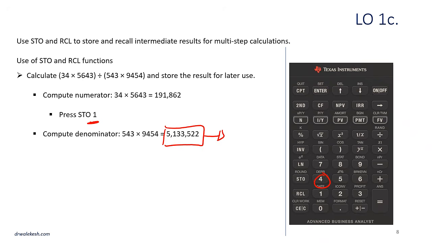Please do not store this on 1, since we have stored the whole of this on 1, so we can store this on 2. So we would press STO 2. So we saved the whole of this on 1. We saved the whole of this on 2.